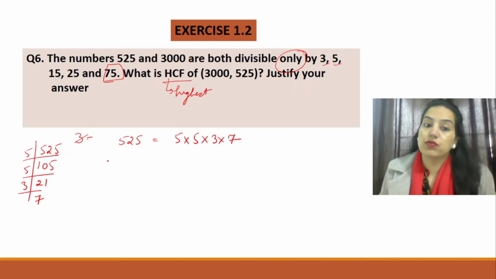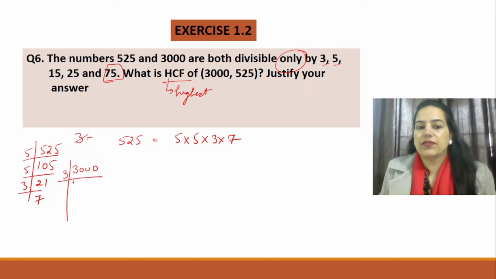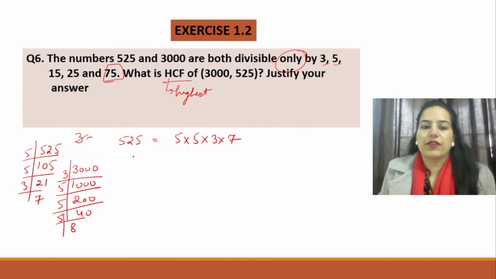And then 3000. So 3000, if prime factorized, it is 3 and 1000, and it is 5 and 200, and then it is again 5 and 40, then 5 and 8, and 8 can be written as 2 into 2 into 2. So it is 3 into 5 into 5 into 5 into 2 into 2 into 2.